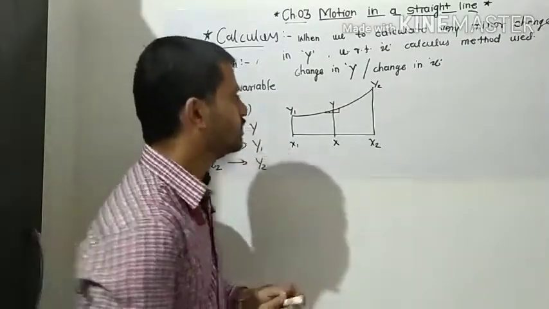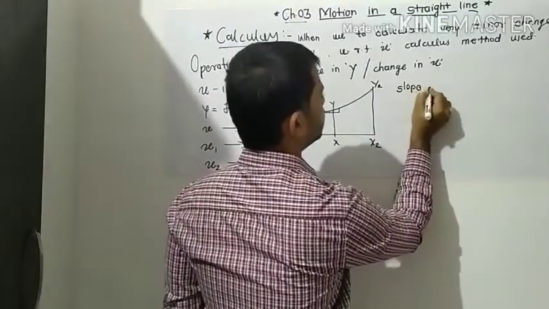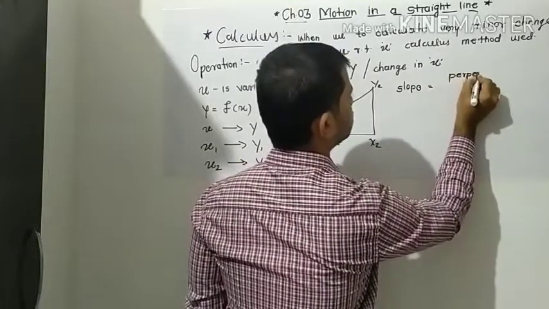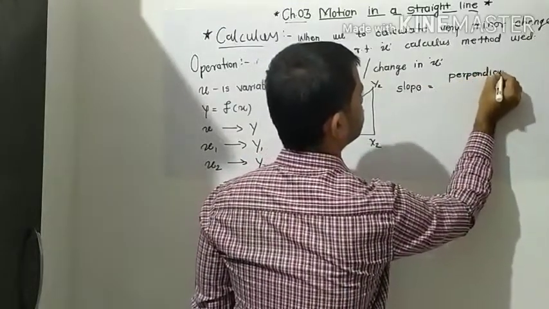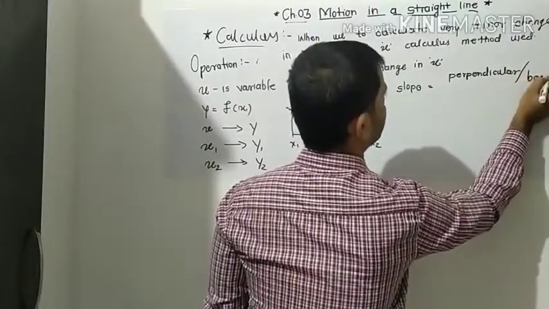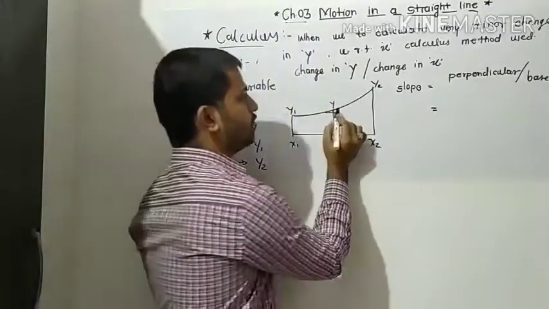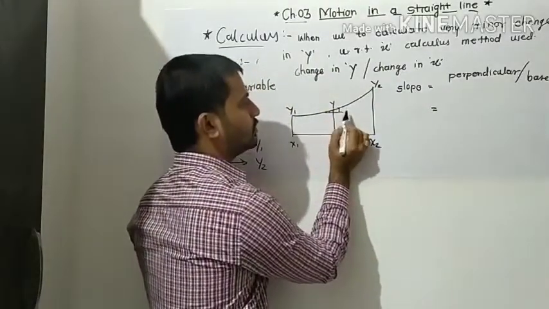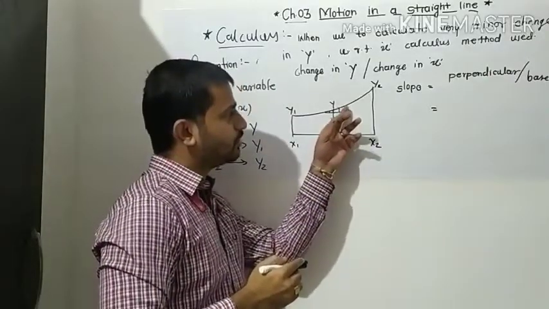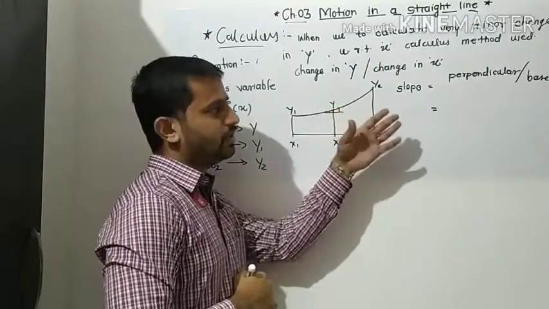So in this case, what is the slope? Slope is equal to perpendicular upon base. So what is the perpendicular in this case? Here will be some value of y, and here will be some value of y. If you subtract the minor value from the major value, then it will be the perpendicular.